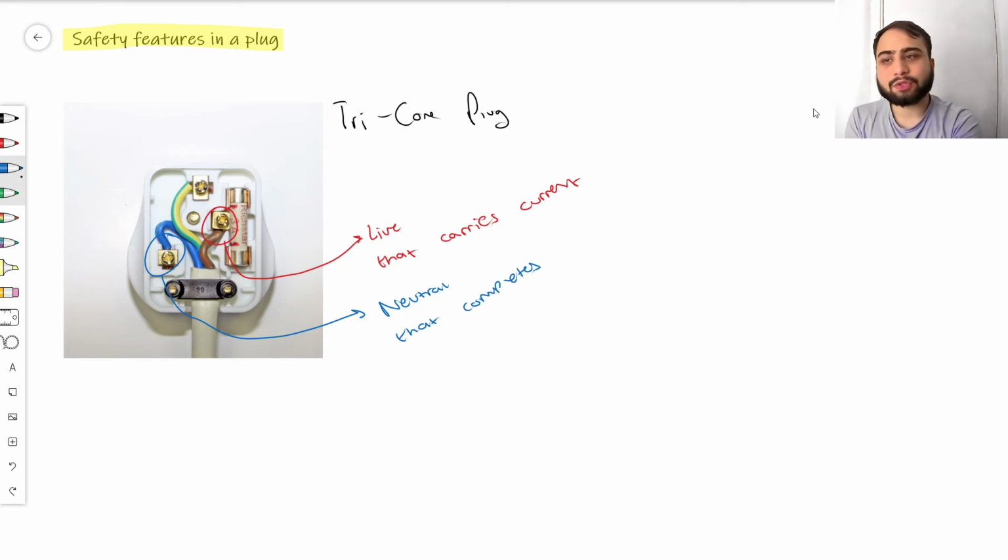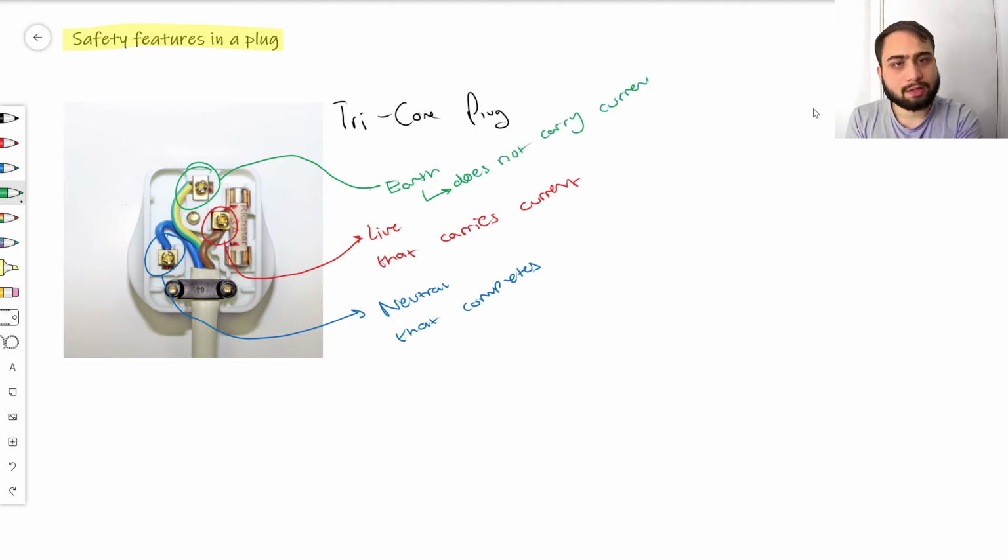Now, we also have this yellow and green wire here, which is called the earth wire. The earth wire does not carry current under normal circumstances.